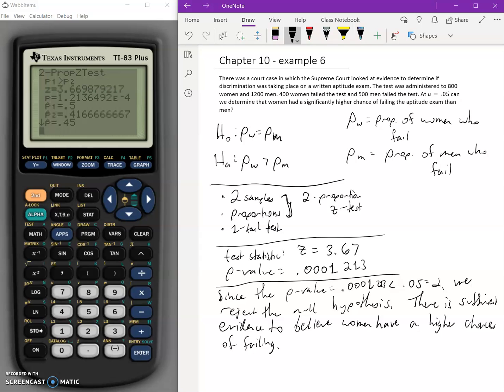But with all of that, they realized that no, they should have had roughly equivalent pass rates between those. So they deemed that there was some type of discrimination being taken against women on this test. And then they had to figure out how do they rectify those errors. So, a real example of how this was used in a Supreme Court case.